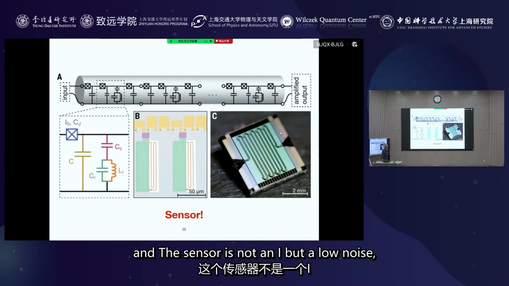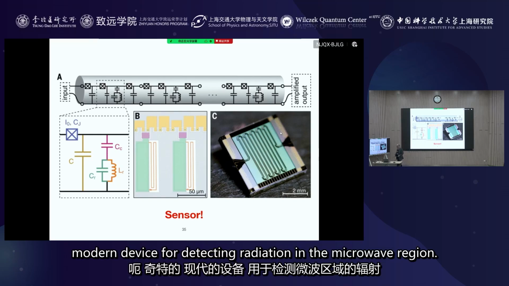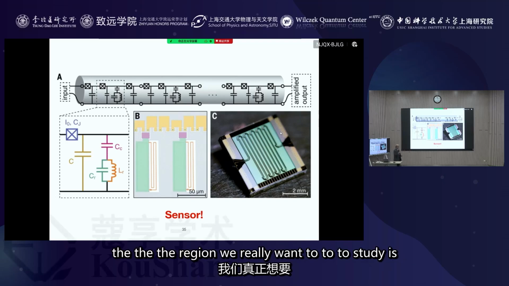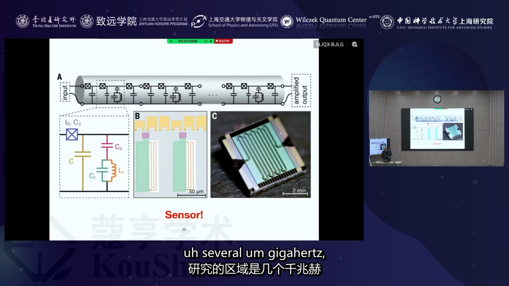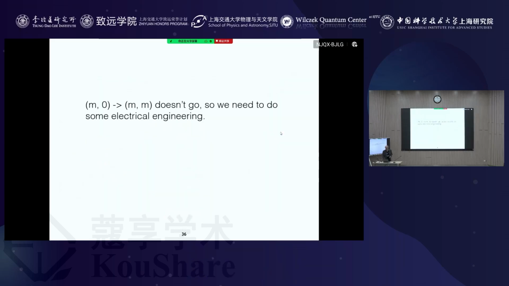And the sensor is not an eye, but a low noise, quantum limited, fancy, modern device for detecting radiation in the microwave region. Remember, the region we really want to study is several gigahertz, maybe tens of gigahertz.